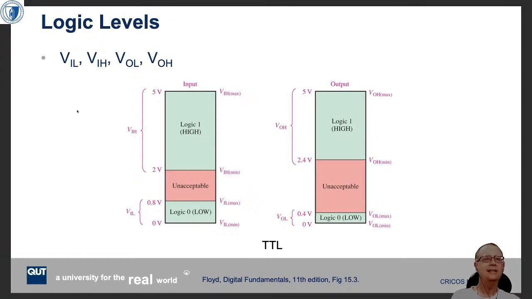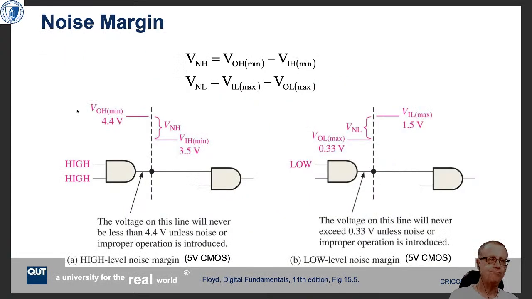And TTL is a little different, right? You've got quite a high band, right? 2 volts or above in terms of the inputs, or 2.4 volts and above in terms of the outputs.